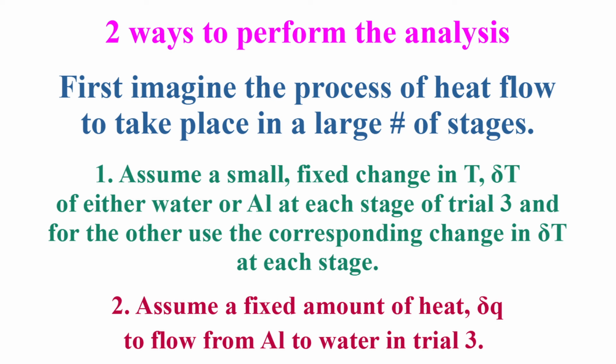We will then discuss the second one in detail and use it to illustrate the origin of its second part, namely delta S total is equal to 0 at the equilibrium state, as well as the maximum entropy principle, although we can use either approach to illustrate both parts of the second law.